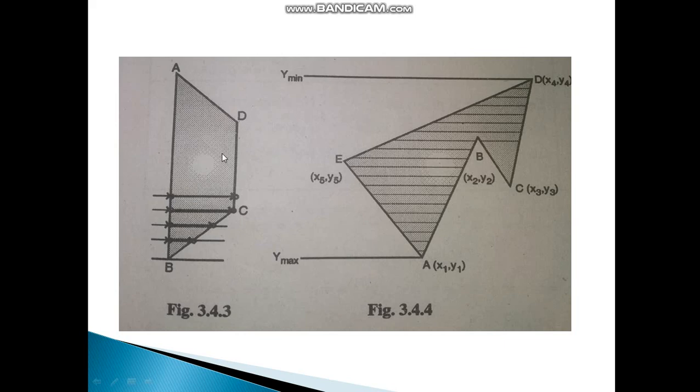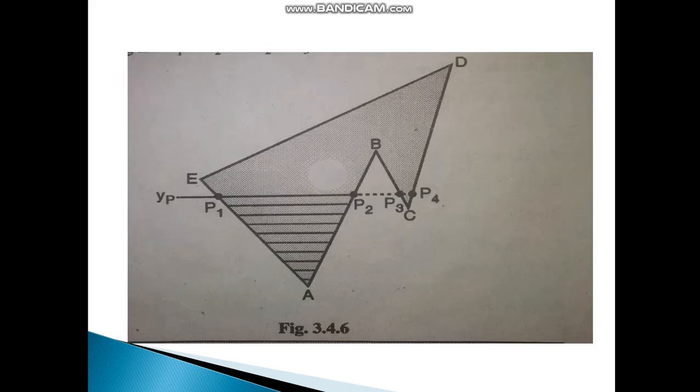So at each time the active edge list is different, and here is one diagram. We have scanned this scan line, then for P1 and P2, these two edges are active on this scan line, and the BC and CD edges are active. So the pixels between P1 and P2 inside the polygon we have to fill.